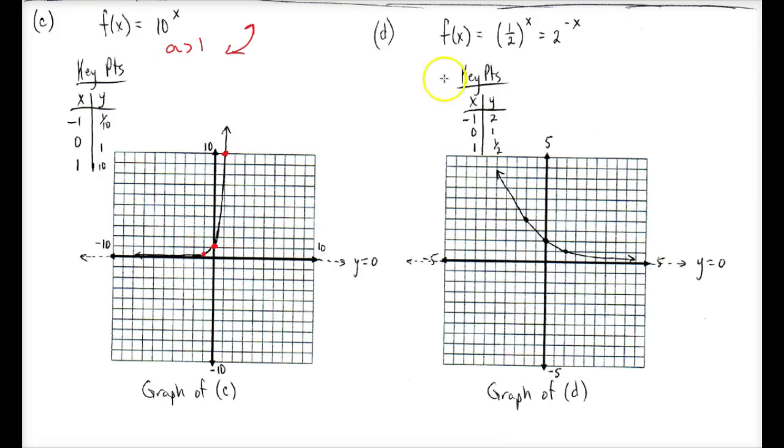For example D, we have 1/2 raised to the x. And so 1/2 raised to the x could be written the same as 2 raised to the negative x. Okay, so same deal here. Since we know that this is exponentially decreasing, if we look at it in terms of the a right here, then we have the high y value go with the -1, the low y value go with 1.